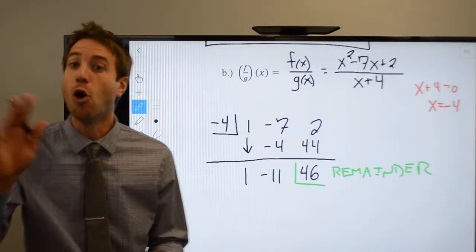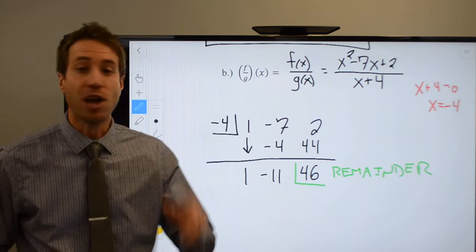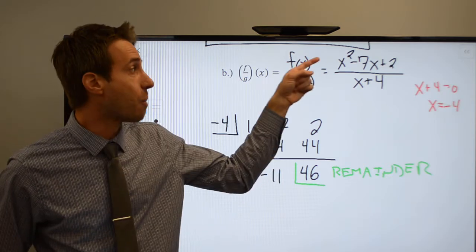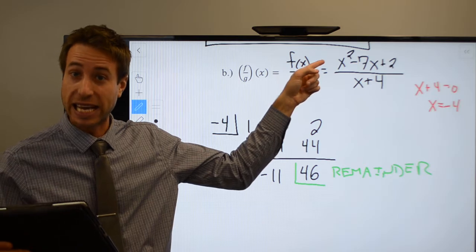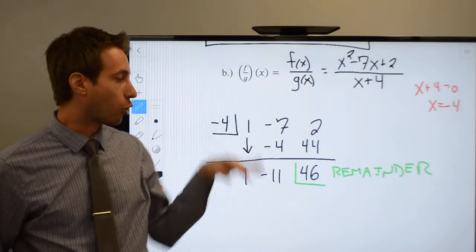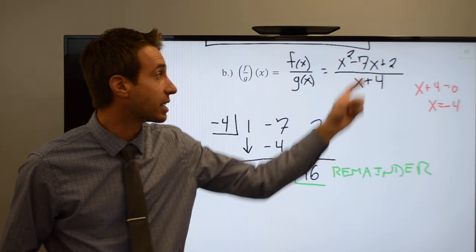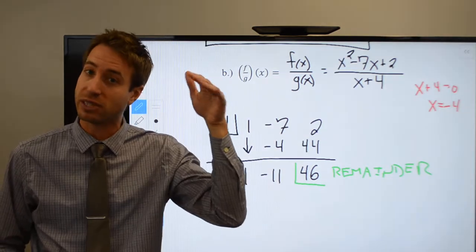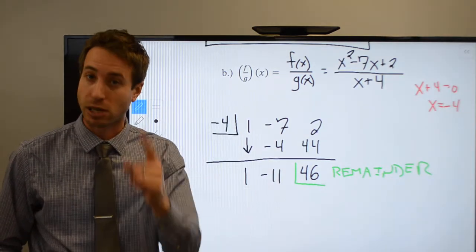We're all set. Okay, so to write our quotient then, we take the degree of my original dividend, which was second degree. Our quotient will be 1 degree less. So since my original dividend was a second degree, my quotient is going to be a first degree.